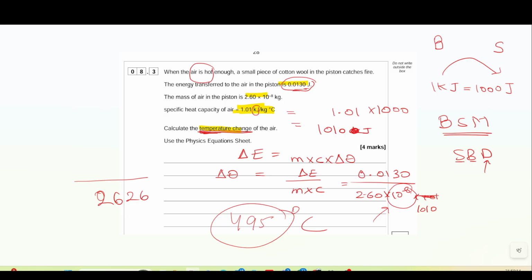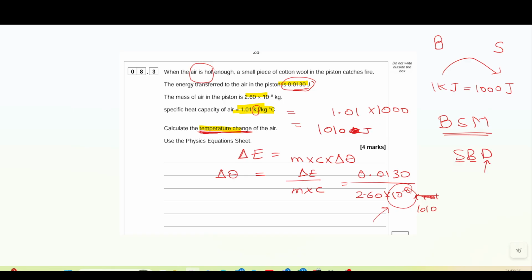Did you try multiplying? Yeah, I got 5. Okay, it's not five something. Let me show you.